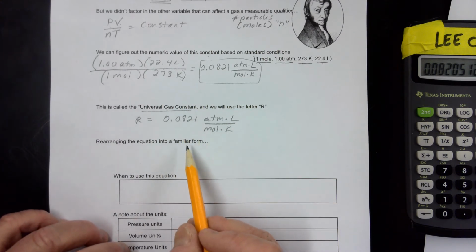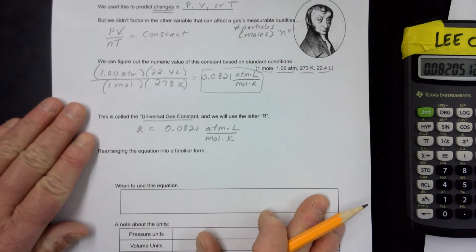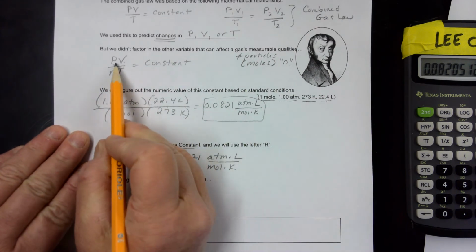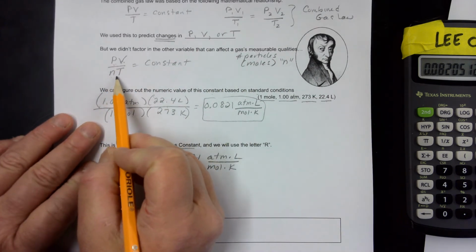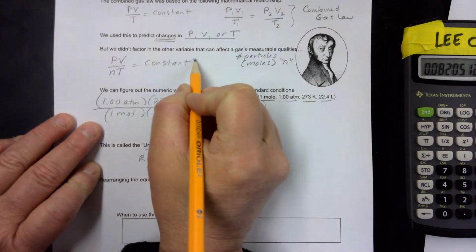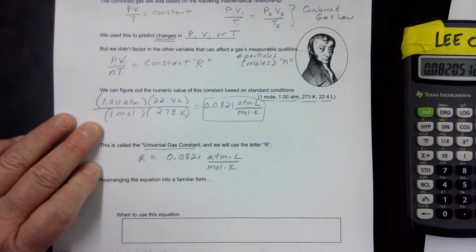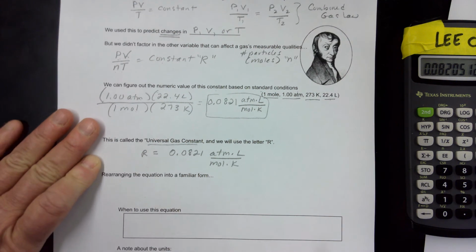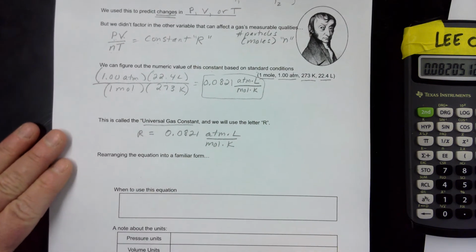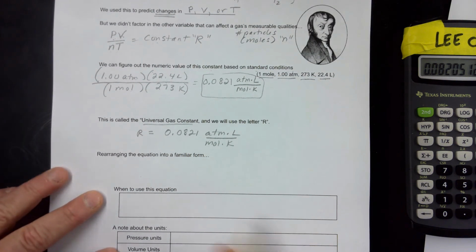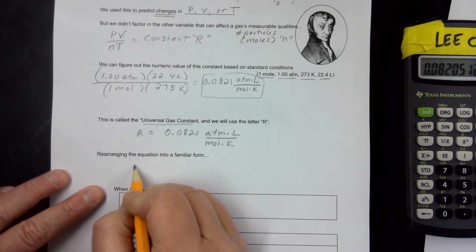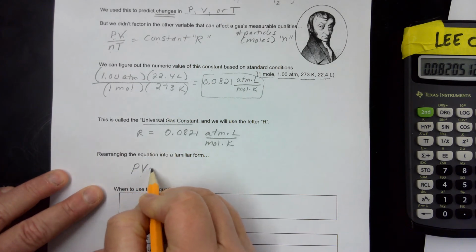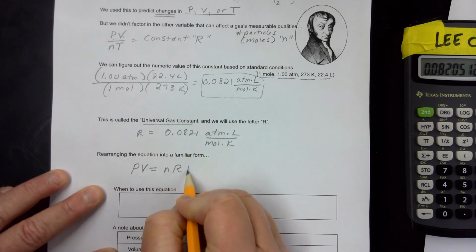Okay, so we now know, going back up to this equation here, P times V divided by n and T is equal to a constant, which we are now calling R. Okay, so PV over nT is equal to R. But we're going to rearrange that into the familiar form of the ideal gas law, and it is PV equals nRT.